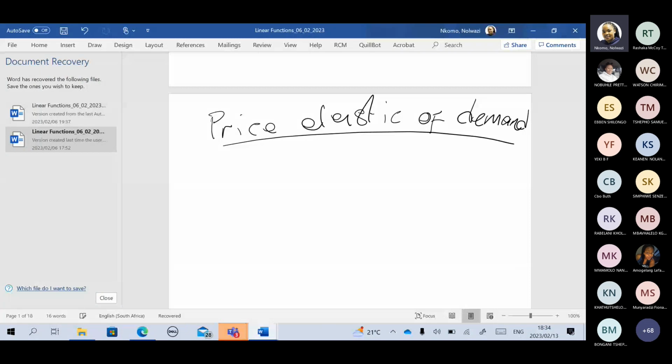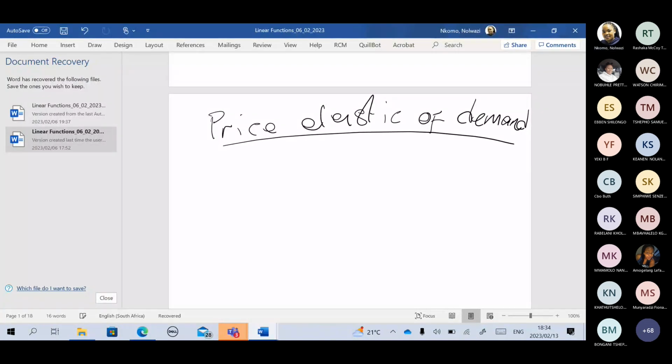If you know the price elasticity of demand for your products, that can help you understand what you can do to reduce the demand of other products that are competitive to your products.